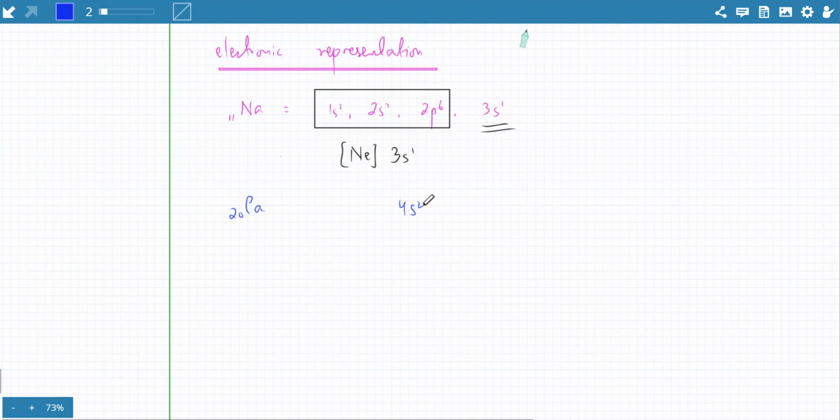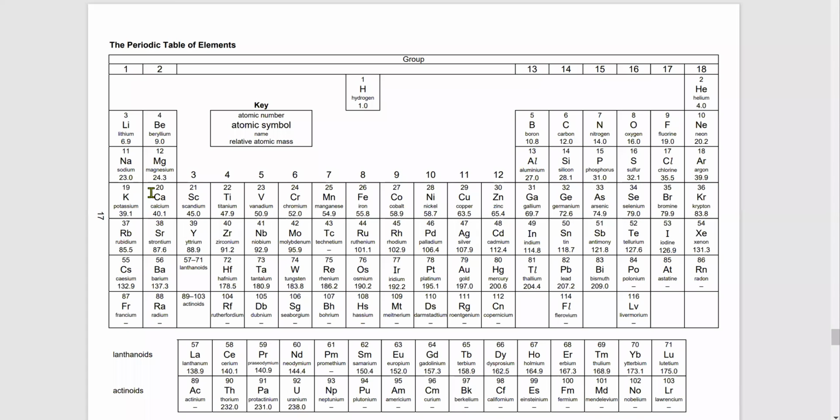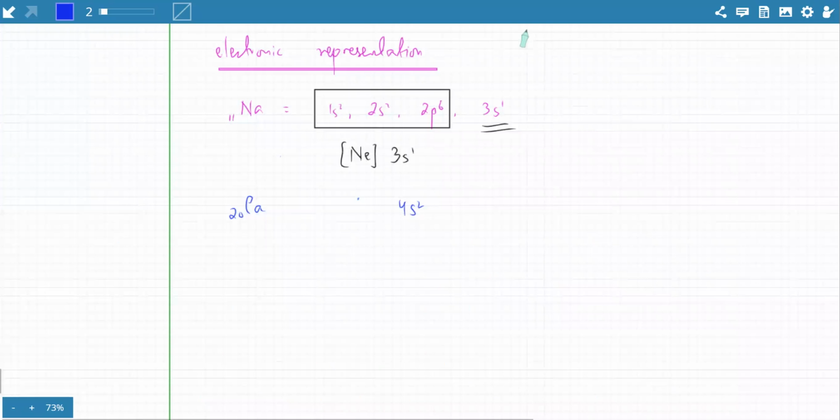The 2 electrons are in the outermost shell, and the rest is 18 electrons. So you look at the previous noble gas with 18 electrons, that's argon. You put square brackets around it, and that argon represents the rest of the 18 electrons.